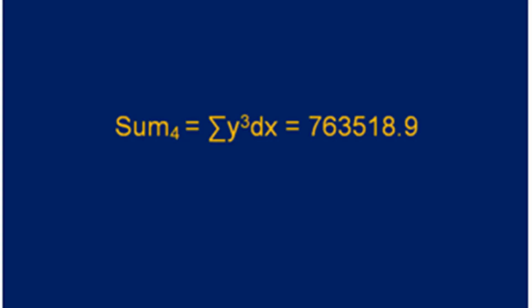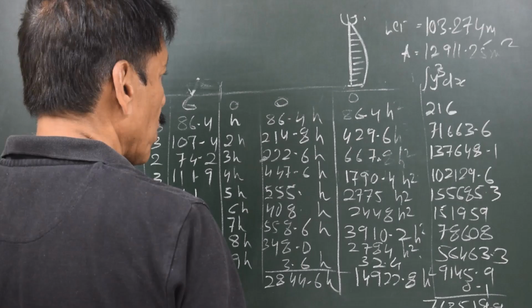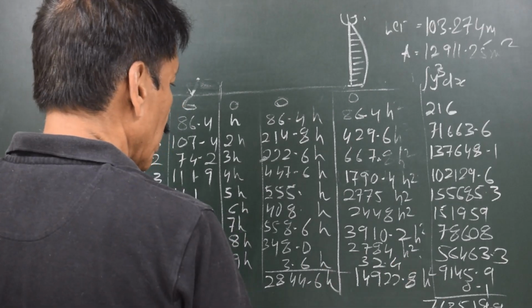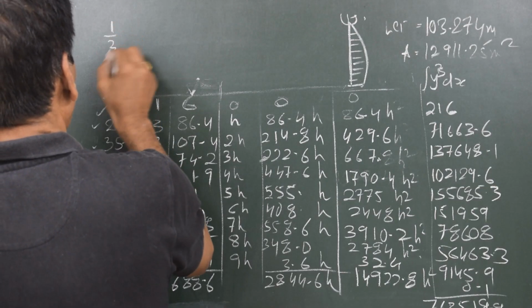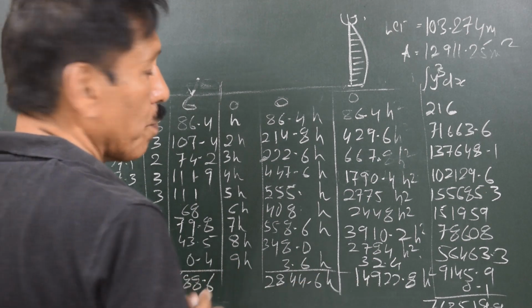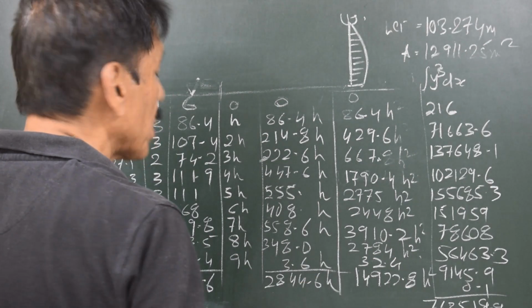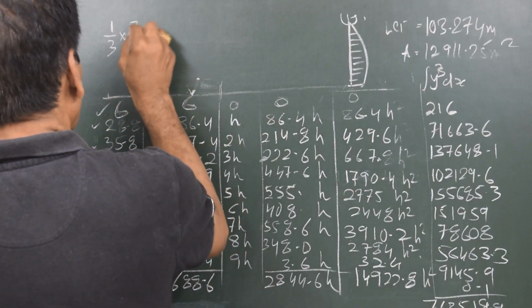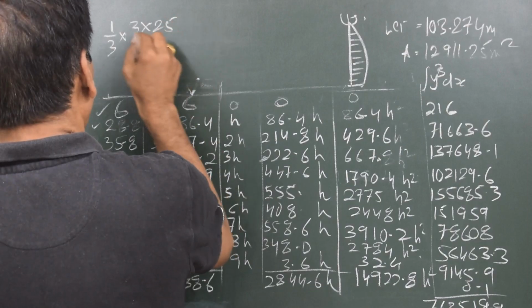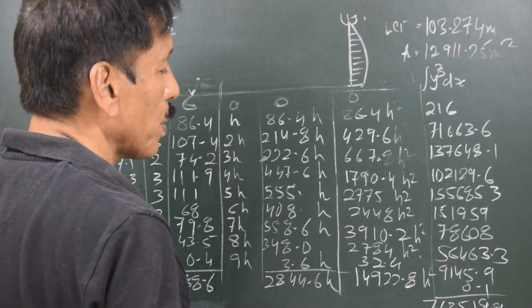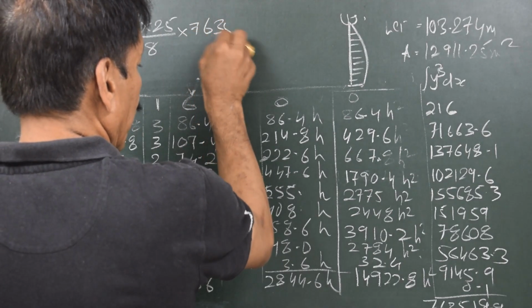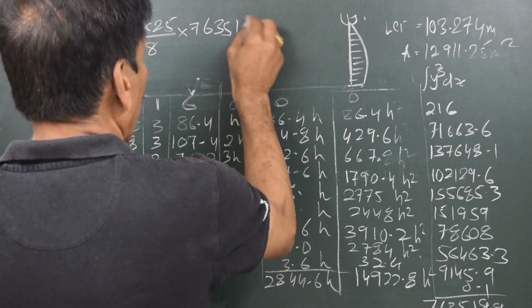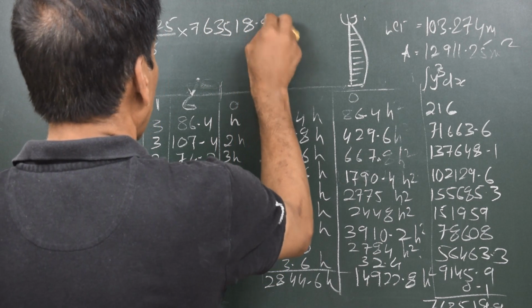Now first of all, let me find out the moment of inertia. This is just the sum. So 1 upon 3 is part of the process I told you last time, multiplied by 3h by 8, multiplied by 763518.9.